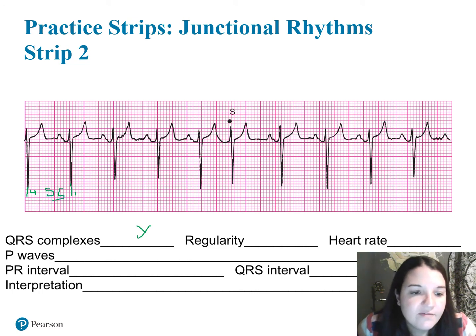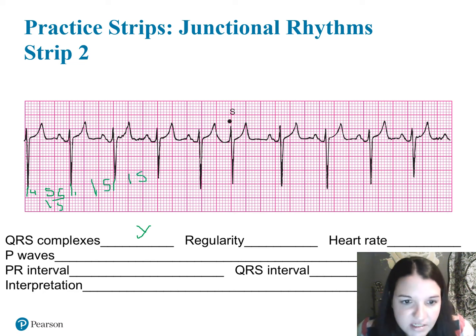So I got 15. 5 plus 5 plus 4 plus 1 is 15. I'm going to go to the next spike. Still 1 box after and 1 box before. So I'm going to say 10, 15. That's 14. I'm going to say 15. There's clearly 3 boxes there. 3 times 5 is 15.